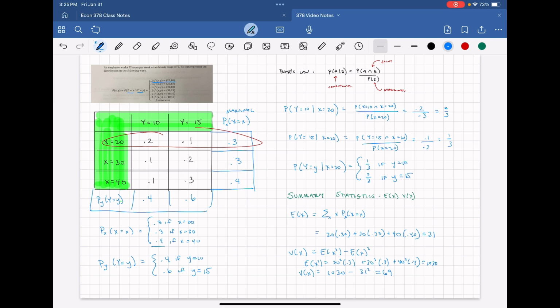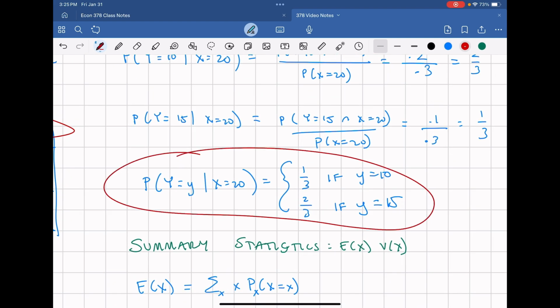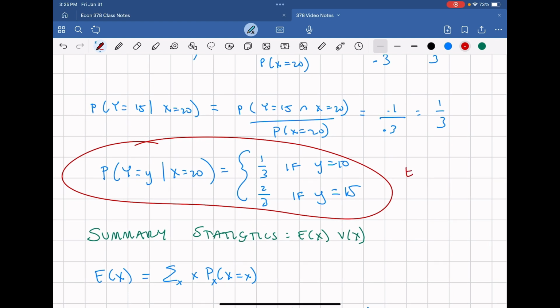Furthermore, and we won't show it here, we can also use our conditional distributions right here to calculate the expected value of y given that x is equal to 20.